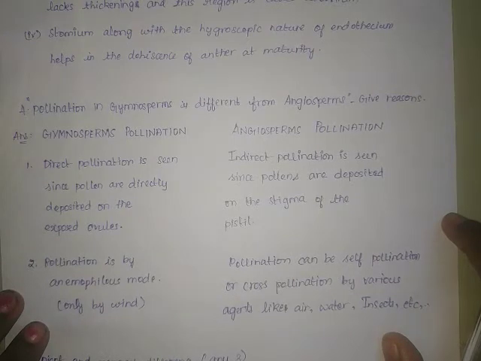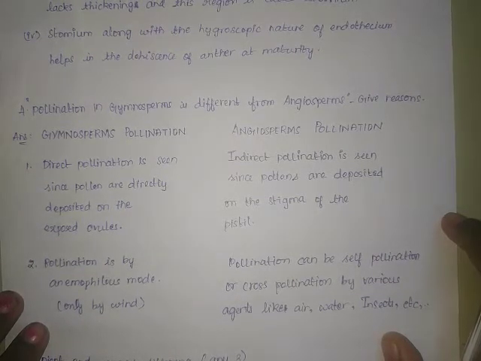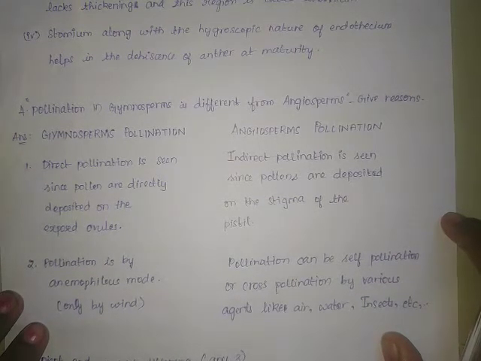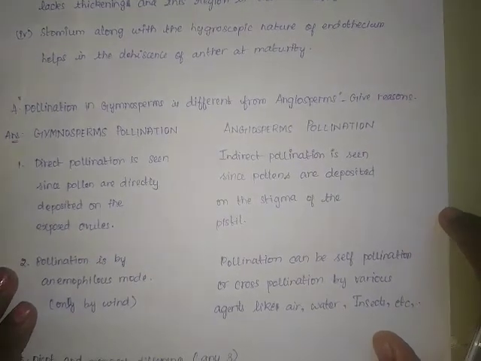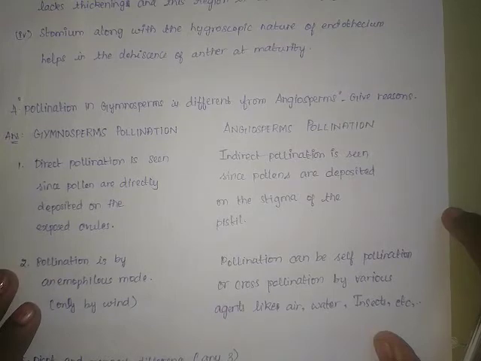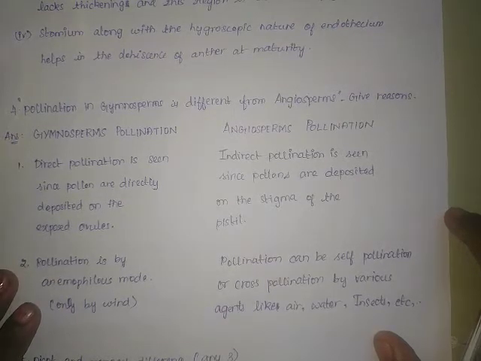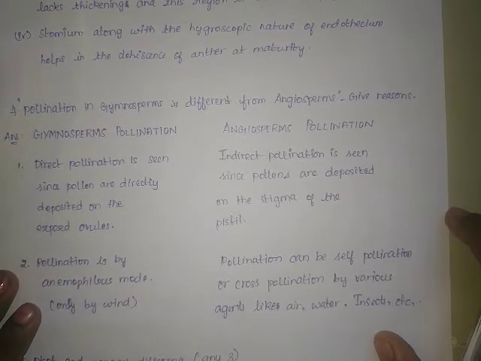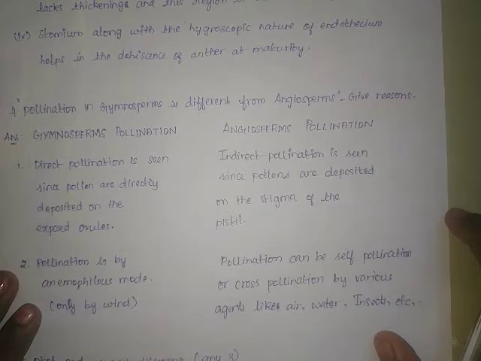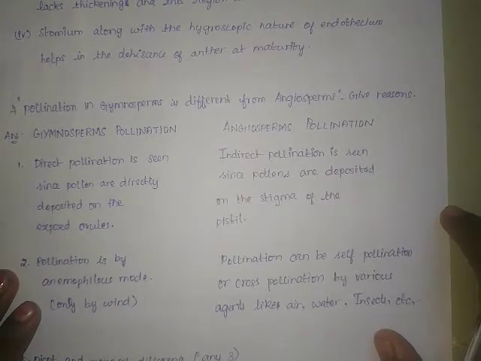In gymnosperms, pollination is by anemophilous mode, that is only by wind. For angiosperms, pollination can be self-pollination or cross-pollination by various agents like air, water, insects, etc.